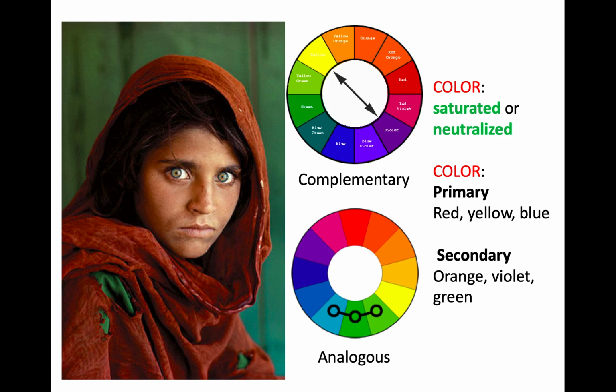If she were wearing, I don't know, gray and yellow, this photograph would not be as compelling. That has to do in part with the fact that her eyes are green, right? So the photographer took the photograph.